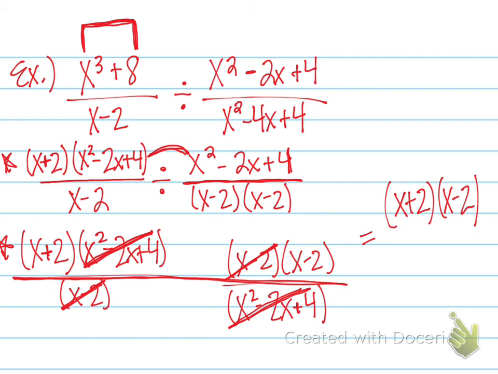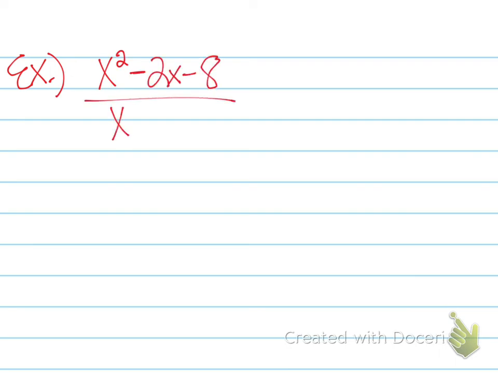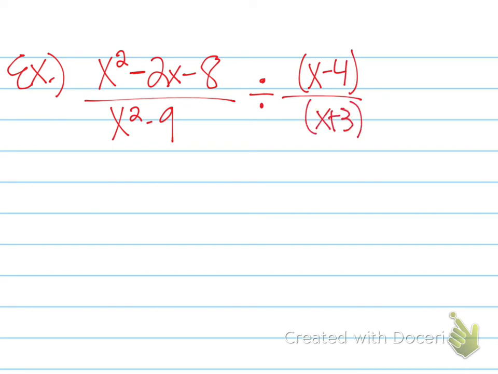All right, the next one is x squared minus 2x minus 8 over x squared minus 9 divided by x minus 4 and x plus 3. So we cannot simplify anything on the right.